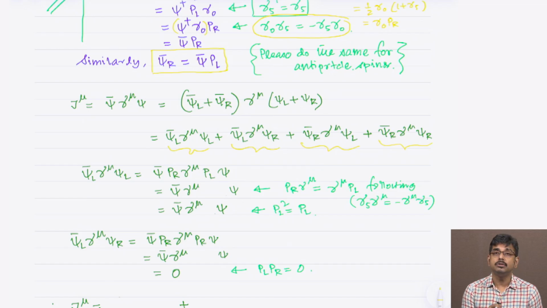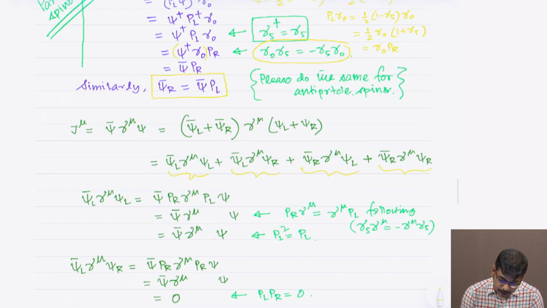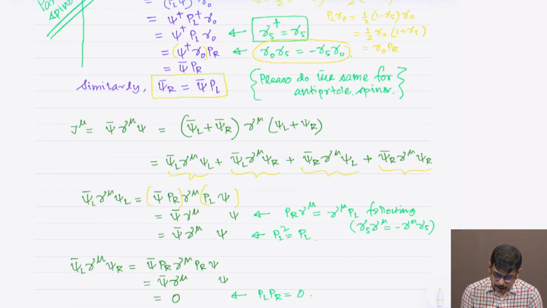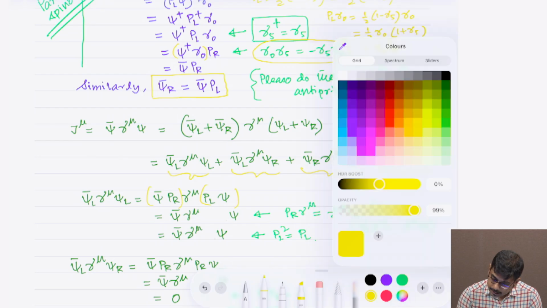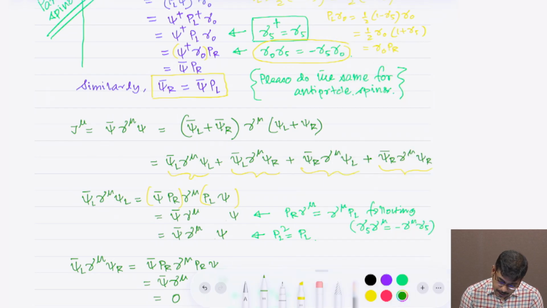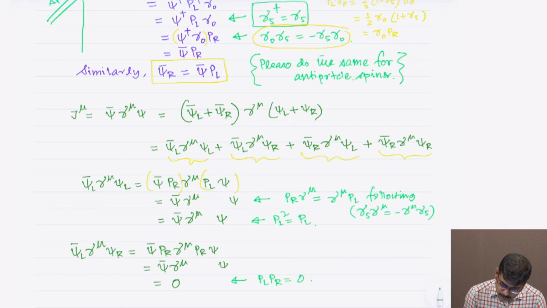Now, let us look into this term, psi L bar gamma mu psi L. From the definition that we have found, psi L bar is psi bar PR, then gamma mu, and then psi L is PL psi. And from this operation of gamma mu with PL and PR, because of the anti-commutation, if I want to take this PR to the other side of gamma mu, it will turn into PL.